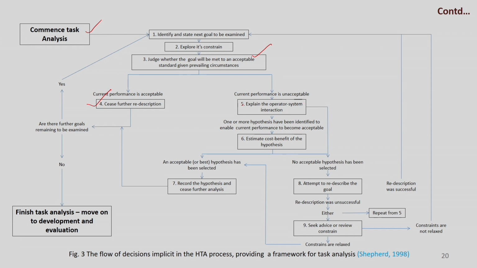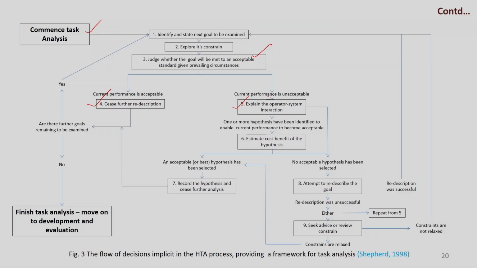Explain the operator system interaction. Hierarchical task analysis, in the beginning itself, does not say you keep on doing the analysis. So, once you find there is a difference between the actual and the expectation, then you go for this fifth process, that is, explain the operator system interaction.